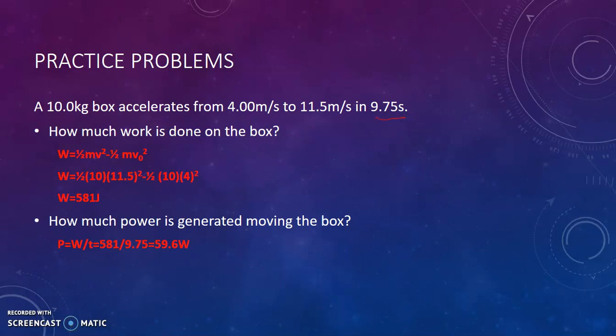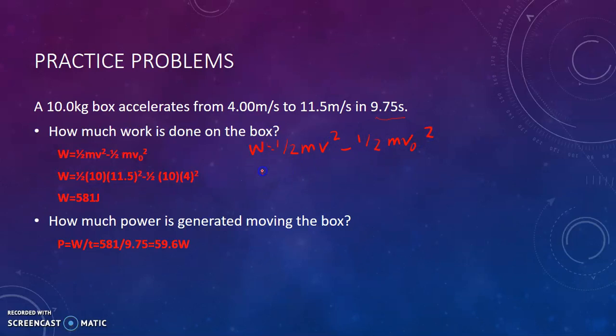So the first thing we need to do is figure out what formulas to use. So we have work equals 1/2 mass times velocity squared minus 1/2 mass times the initial velocity squared.